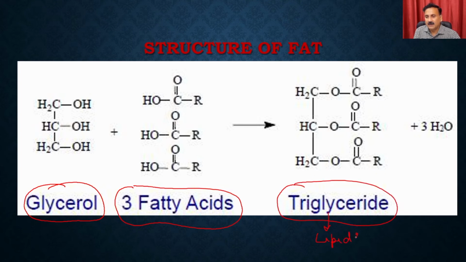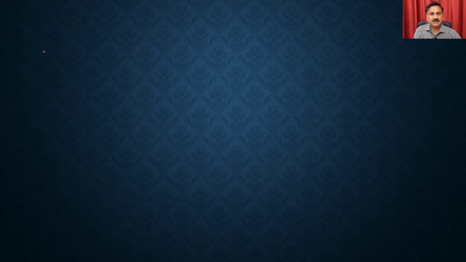Okay. And if you want to do fat digestion, you have to first add the enzyme which is going to convert the lipid into the fatty acid and the glycerol, and these two products can be readily absorbed by the machinery. Okay. As far as fat digestion is concerned, there is no fat digestion in the buccal cavity.